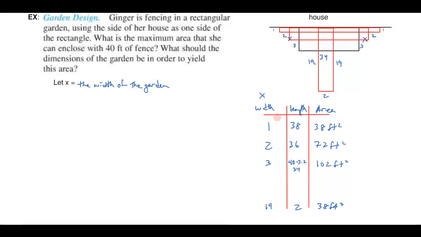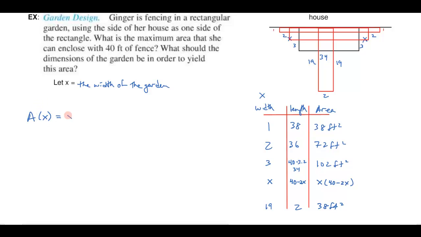Well, notice if I were to keep going here, if my width is x, then I'm going to have to take 40 feet and subtract off 2x, an x for each of the widths that goes back to the house. And so I know my area is going to be x times 40 minus 2x. So this gives me a function for the area.